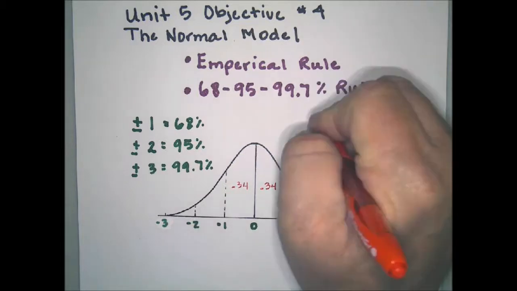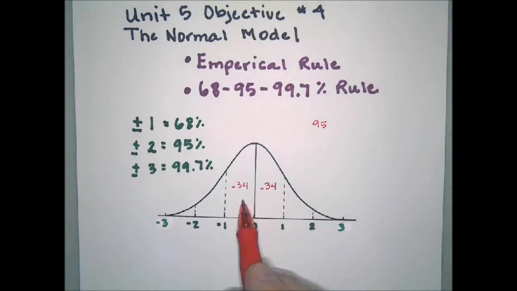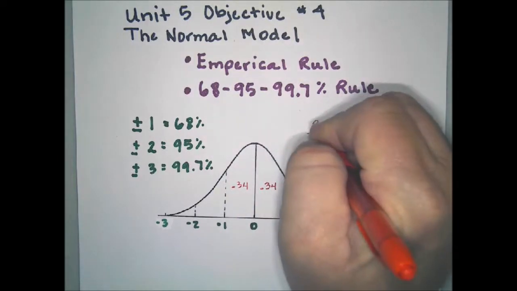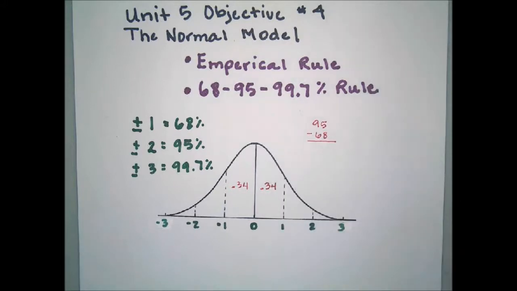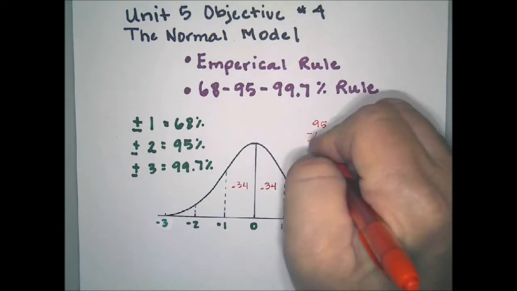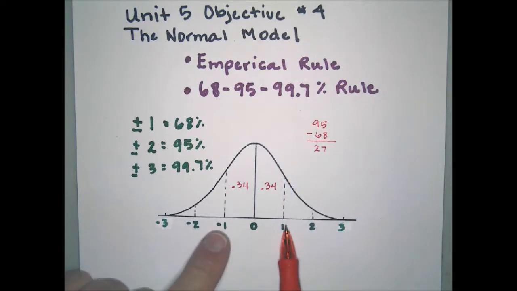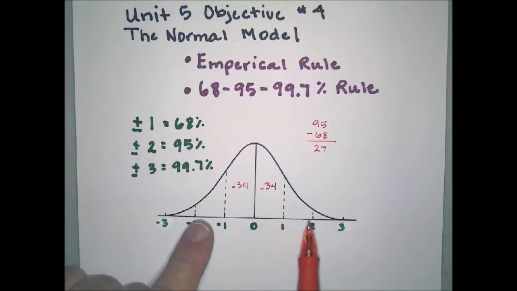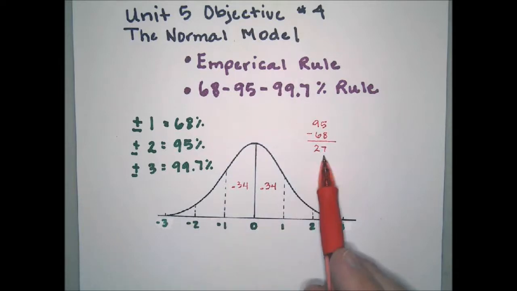Well, we've already accounted for 68% of it right here. So we have to subtract that 68, and we get 27. So by going from plus and minus 1 to plus and minus 2, we've increased our percentage by 27%.